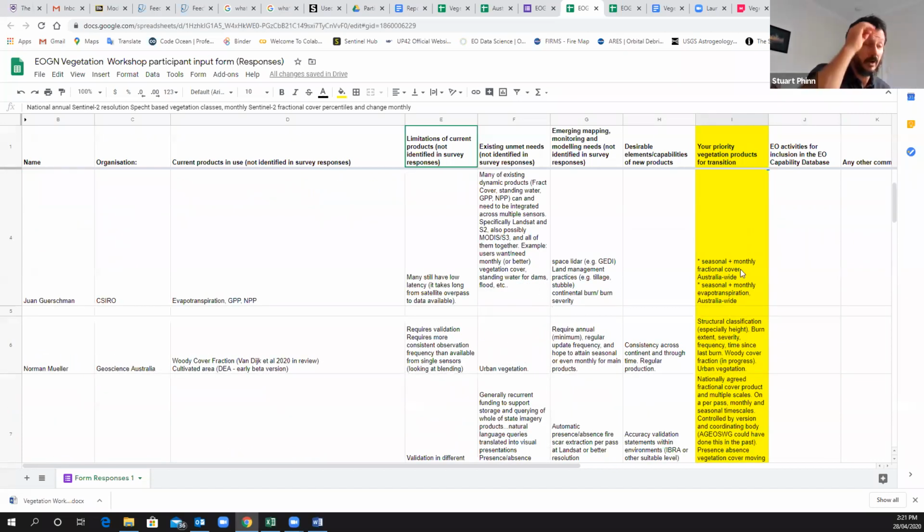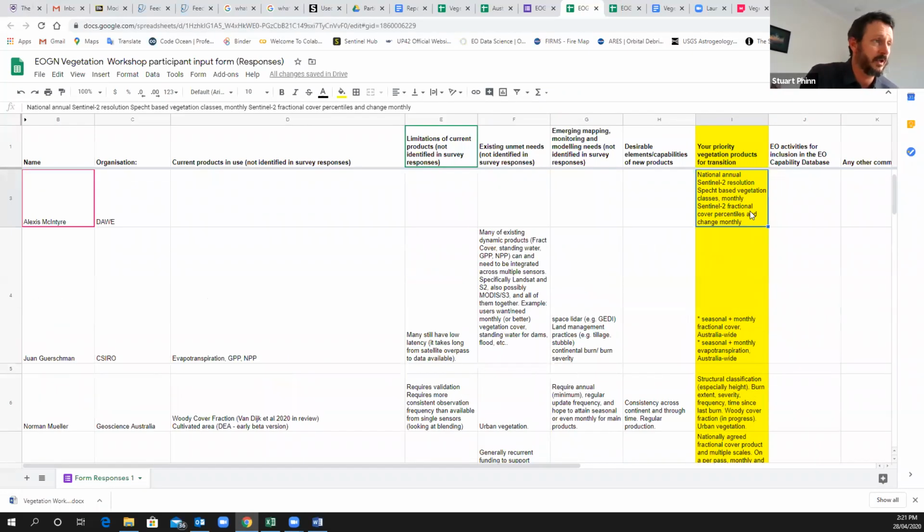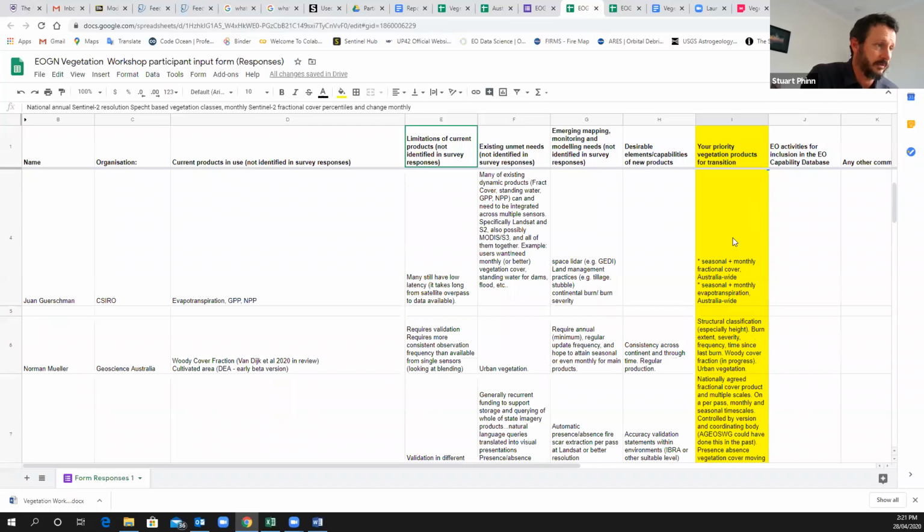Juan's also identified the more detailed levels of the fractional cover, plus additional vegetation-related information of evapotranspiration. So it's not necessarily what vegetation's there, but process measurement. Structural classification from Norman, which comes back to the spec classification. Woody cover fraction.